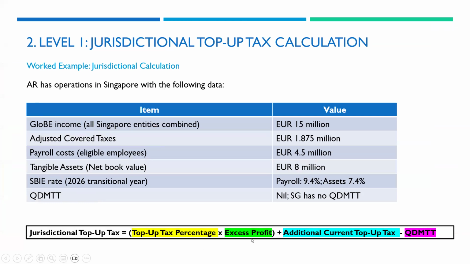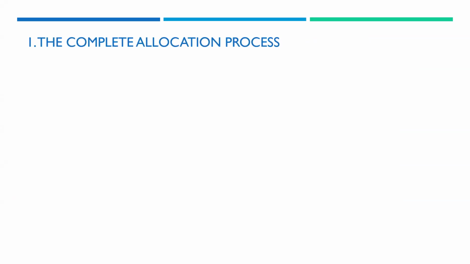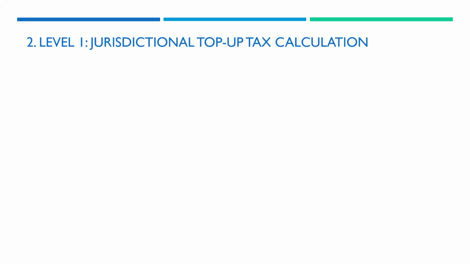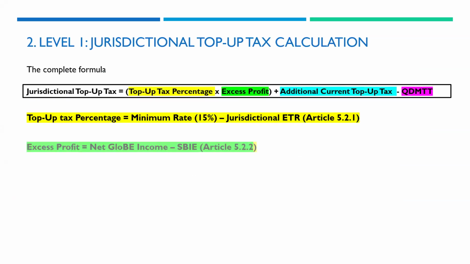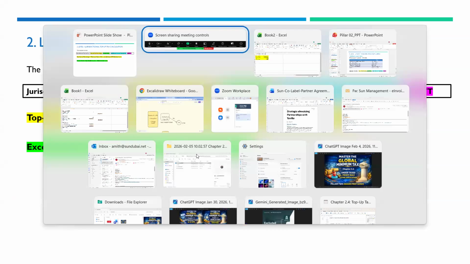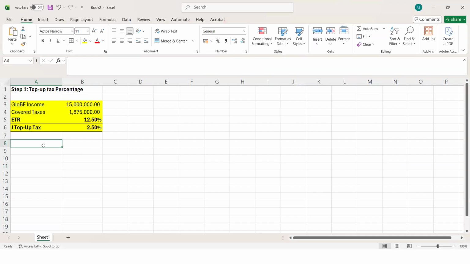Now, how do I calculate the excess profit? Okay. So excess profit is nothing but my globe income minus. So I'll just take the formula from here. Excess profit is net globe income minus substance-based income exclusion. So let's see how we can do that. Step 2 is excess profit.